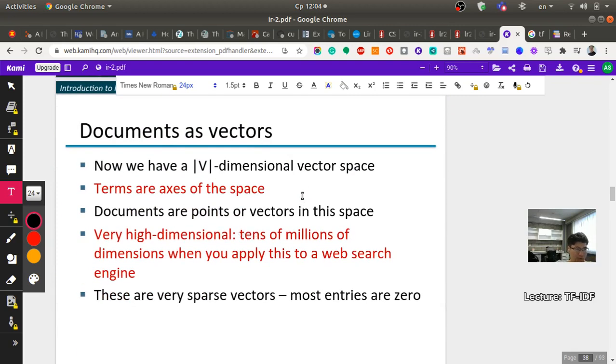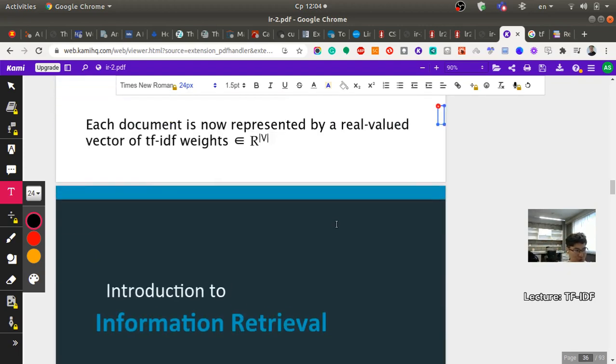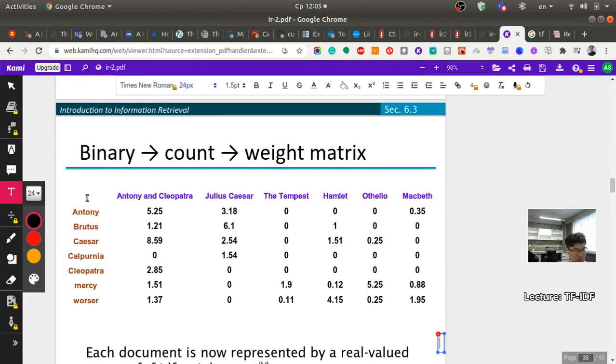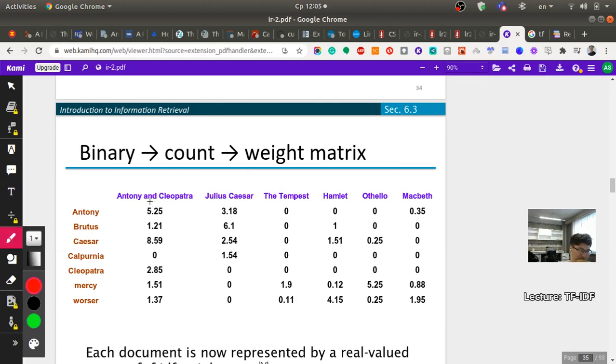Now we have a V-dimensional vector space. Documents are points or vectors in this space, very high dimensional, tens of millions. So actually we converted the documents, like text, into these vectors. For example, this one is some vector.